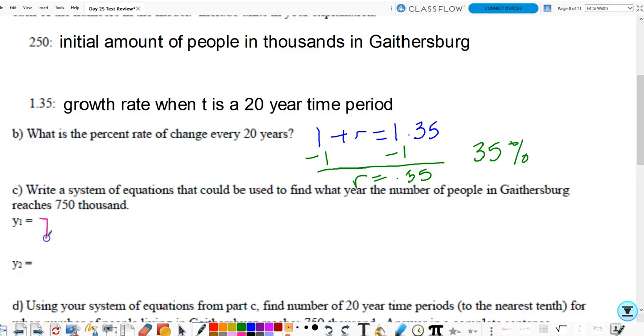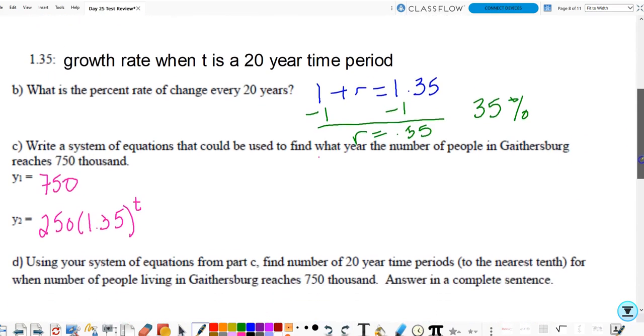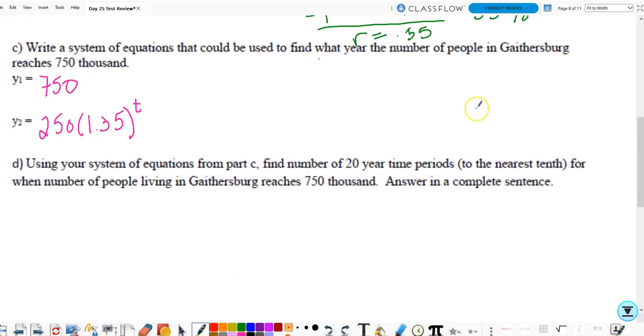I'm going to make y1 750, and I'm going to make y2 the equation that we're given, because I want to find at what time these two equations will be equal. That'll help me find the year. So now using that system, let's solve it.